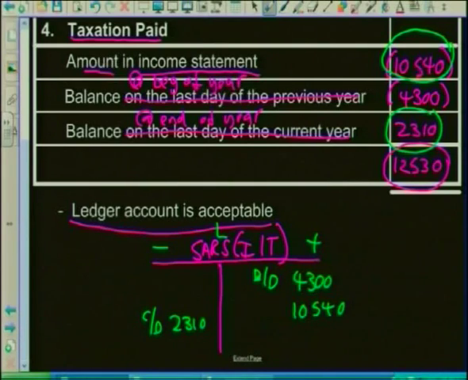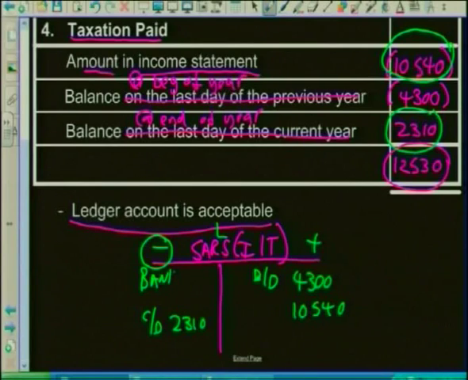Now the question is asking us to calculate how much tax was actually paid to the receiver. Remember, payments to the receiver are on the debit side and your contra account is bank. How much money was actually taken out of our bank account and paid towards tax to the receiver of revenue? So the bank amount here is the X, the unknown amount.